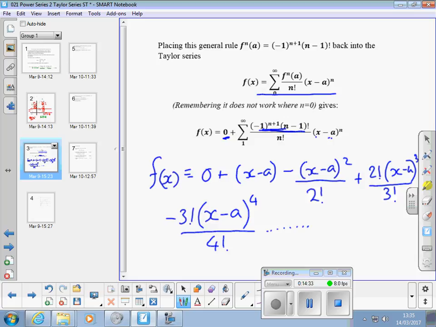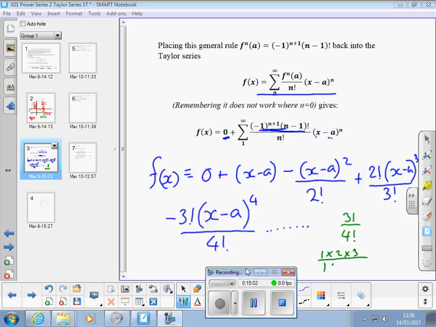Like 1 and say minus 8 we've got, and we'll ignore the margin for a minute because that will say we've got 3 over 1 times 2 times 3 over 1, 2 times 3 times 4.